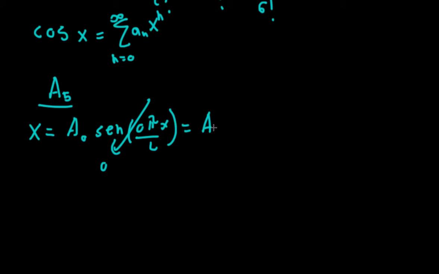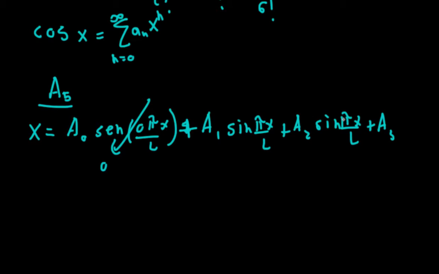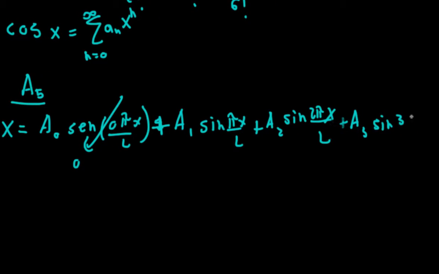But we do have an a1 times the sine of pi times x over L, plus a2 times the sine of 2 times pi times x over L, plus a3 times the sine of 3 times pi times x over L, and so on.